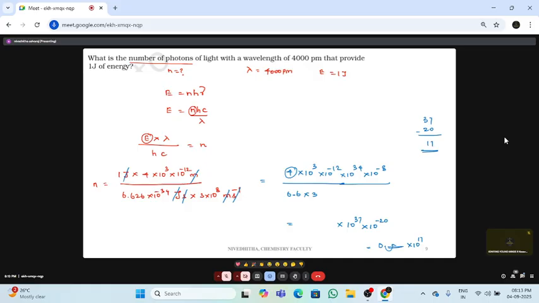After simplifying, you'll get 0.2 something. So the answer is 0.2 into 10 power 17. If you want to express it in terms of 2 point something, then 2 point something into 10 power 16 photons. This is the answer.